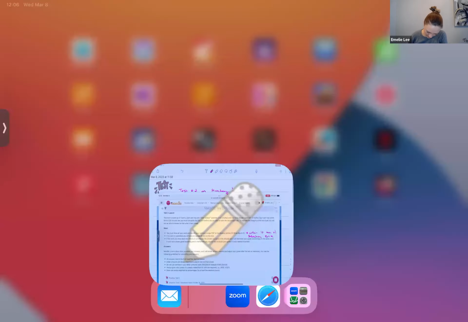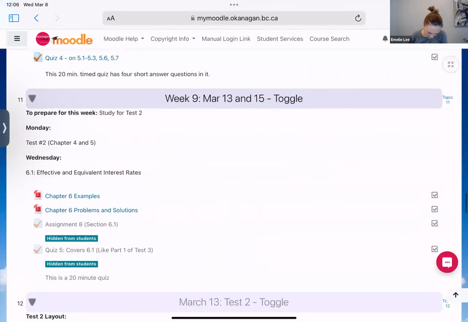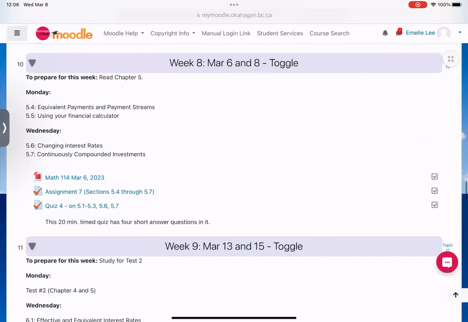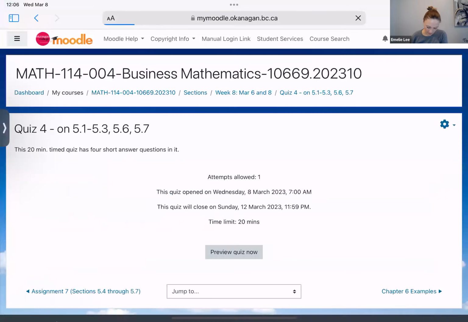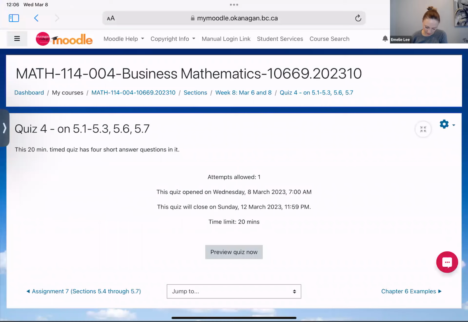Okay. It says it closes on Sunday. Yeah, quiz 4 is also a timed quiz. I closed it on Sunday, so it closes on Sunday at midnight, because you should do it for practice before the test anyways.